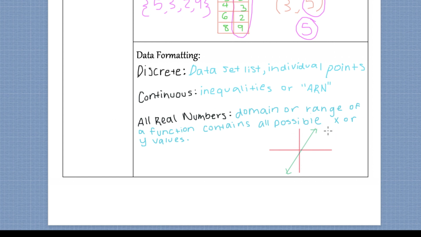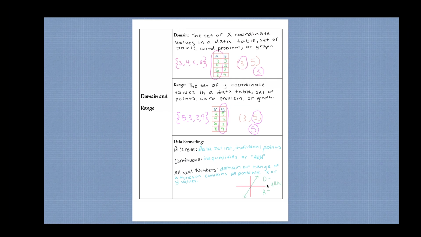So if I want to find the domain, or if I want to find the range, both of them would be equal to all real numbers. So let's move on to the next page and do some practice problems.